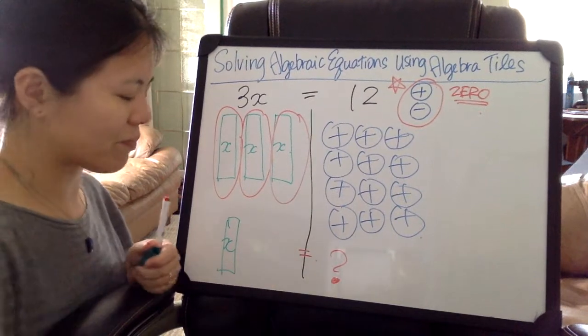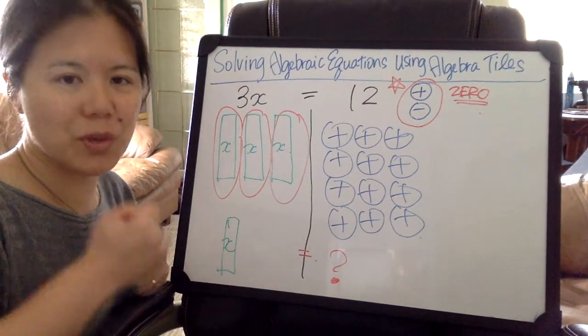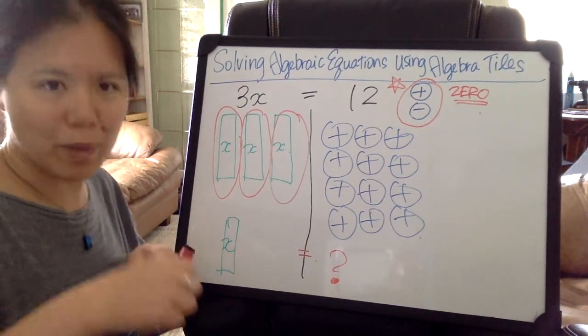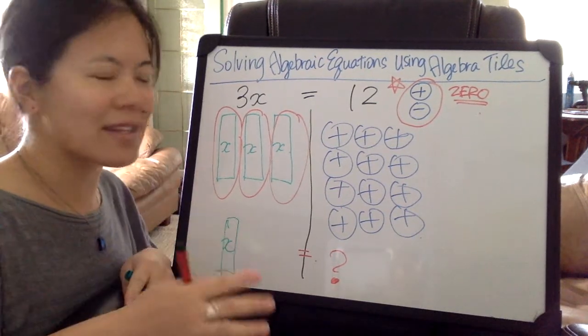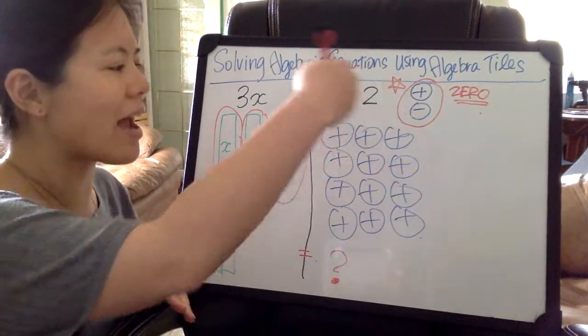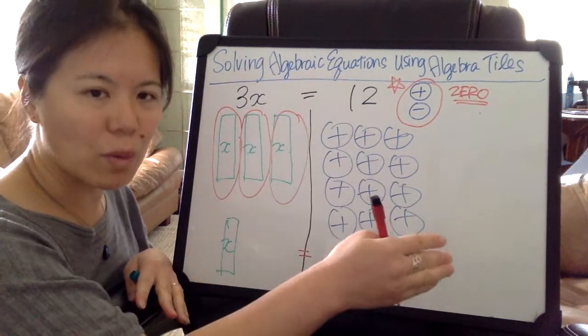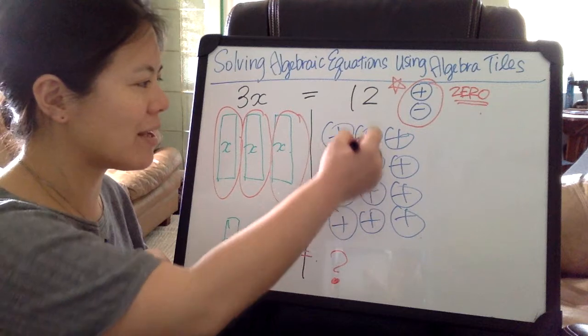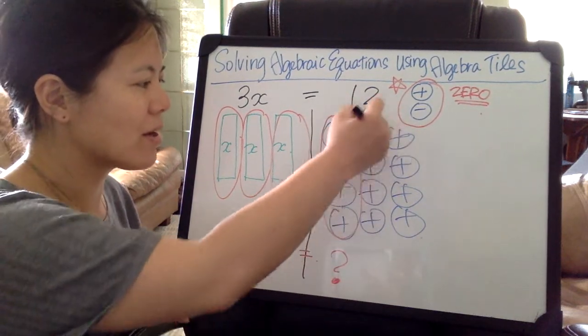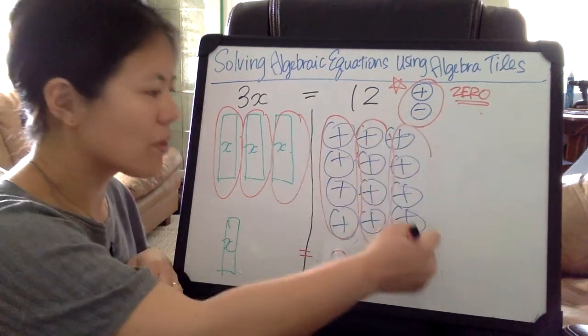If I do one operation to one side, I have to do exactly the same operation to the other side. So I divide this side into 3 equal parts, 1, 2, 3.